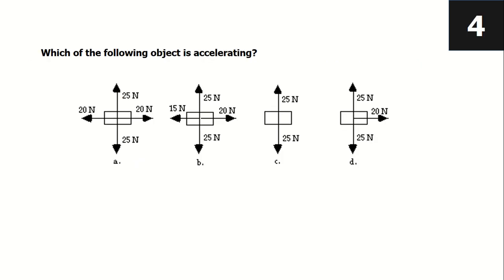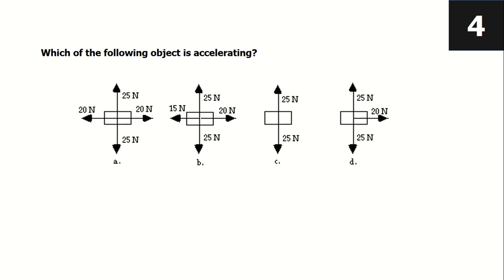For the fourth item, you have four free body diagrams here. Free body diagram A to D. And you are asked which of the following objects is accelerating. If you are asked this kind of question, one way to think about it is which object is experiencing a net force, since the net force is the one responsible for accelerating the object.